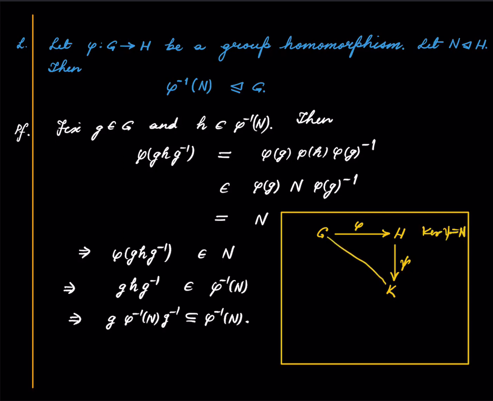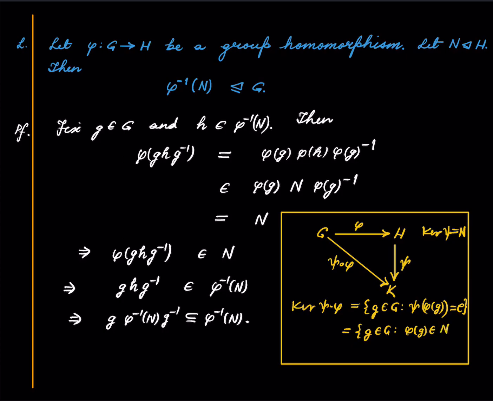What is the kernel of the composite? This composite is psi composed phi. So kernel of psi composed phi is those things in the group G such that psi of phi of g is identity of K, which is those g in capital G such that phi g belongs to kernel of psi, but kernel of psi is assumed to be n.